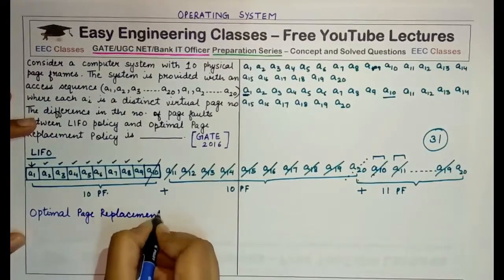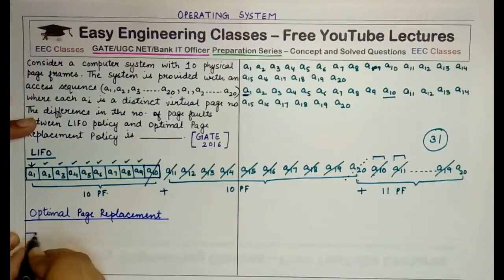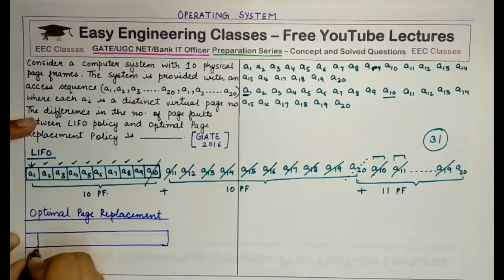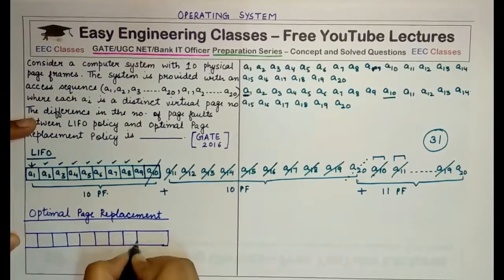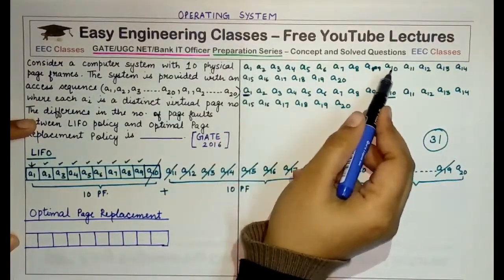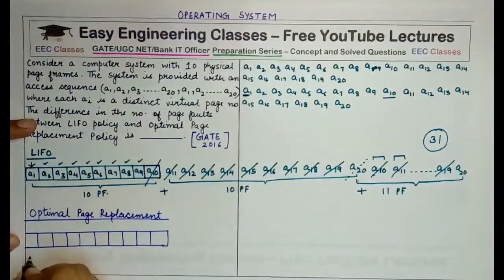Now again we would start with a set of 10 free frames. Again, starting with A1 to A10, these are not present in the memory. They are not present in the frame set.